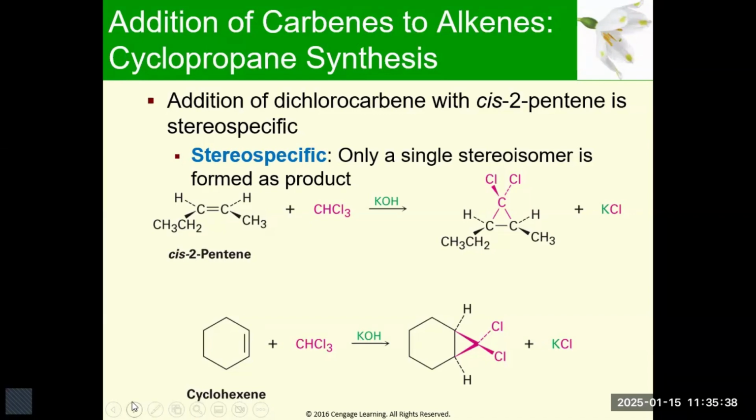And it's going to be based off of the stereochemistry of the starting material.